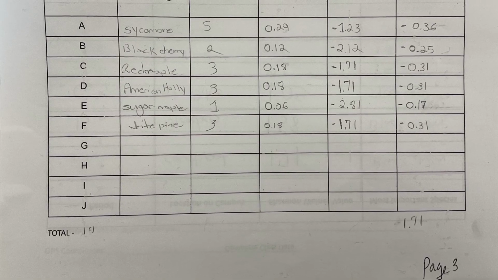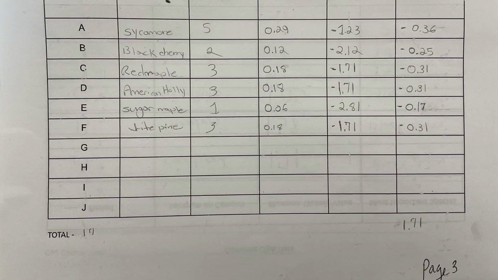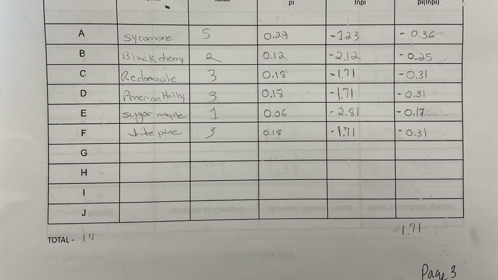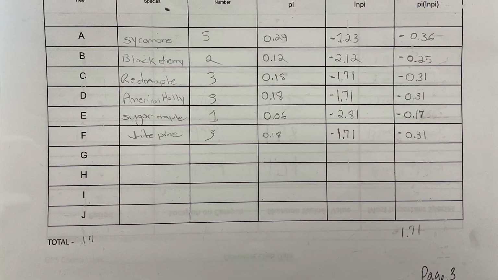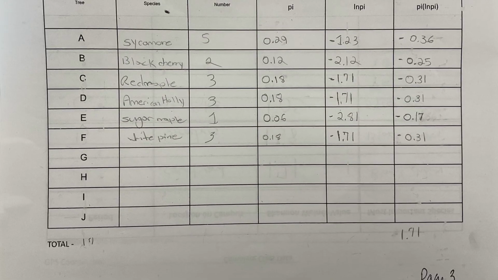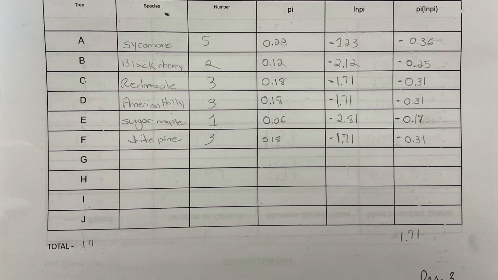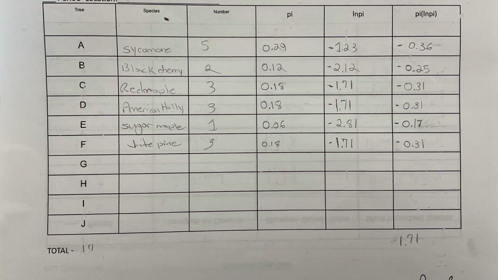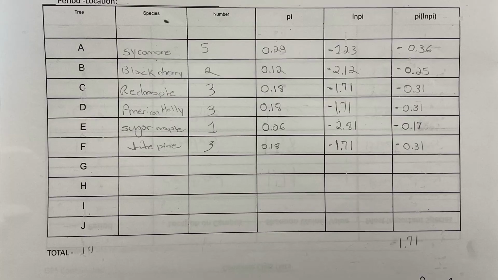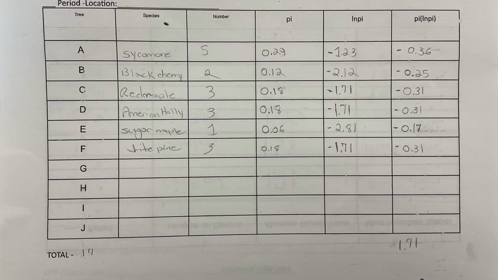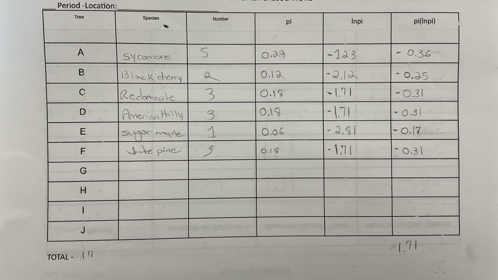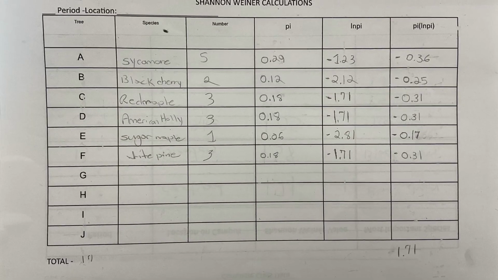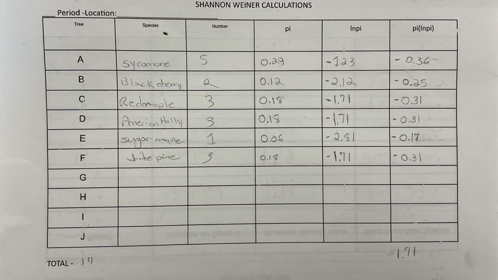For black cherry, LN 0.12 equals negative 2.12. Then LN 0.18 gives you negative 1.71, and the same again for the next one. For sugar maple, LN 0.06 is negative 2.81. And then again LN 0.18, which gives you negative 1.71.